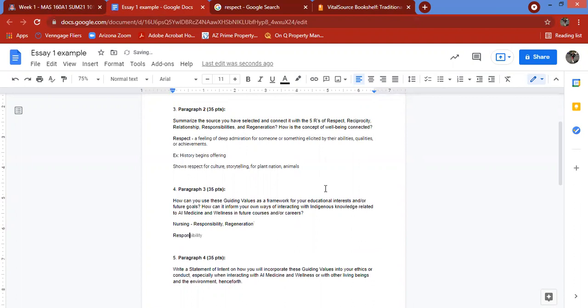And so how we can look at responsibility is for nursing, you know, caring for people is my responsibility. It's really a responsibility for everybody, right? Caring for people is a responsibility for everyone. It's not a right.